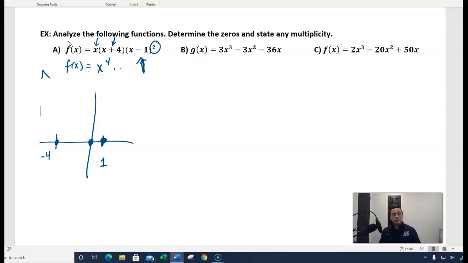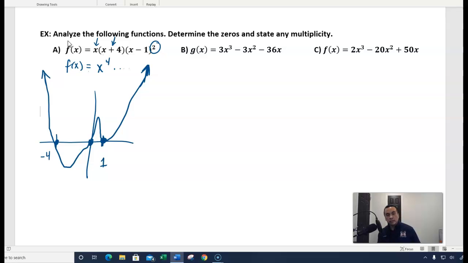I knew that the end behavior was up, and I knew that the end behavior was up over here as well. So my graph had to look like it crossed, and then it touches, and then it goes up. The official word for when it touches is called tangent. It is tangent at that particular place.